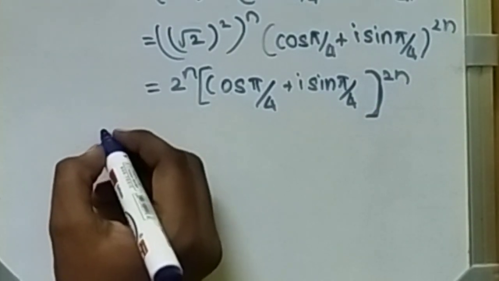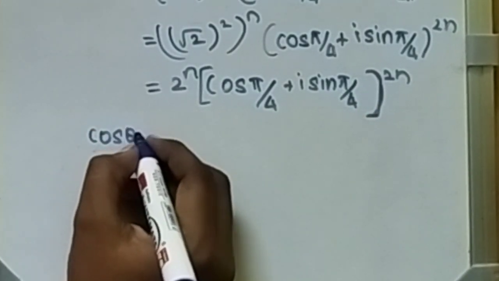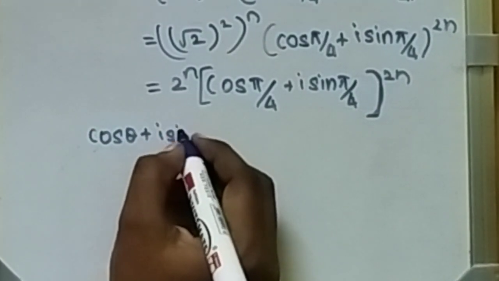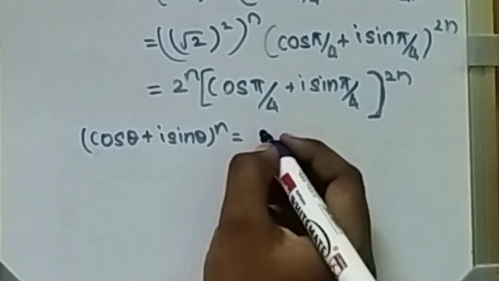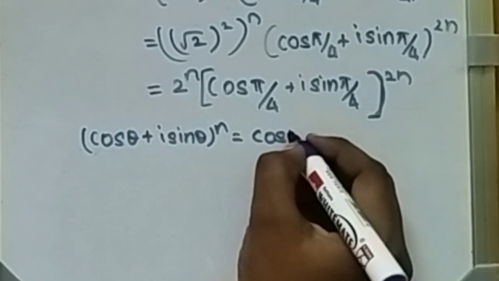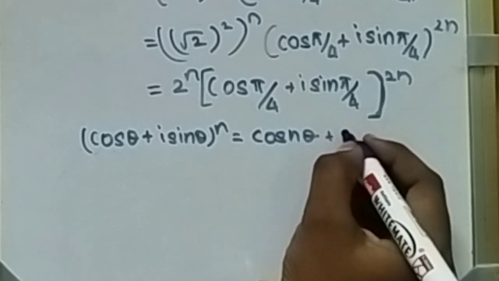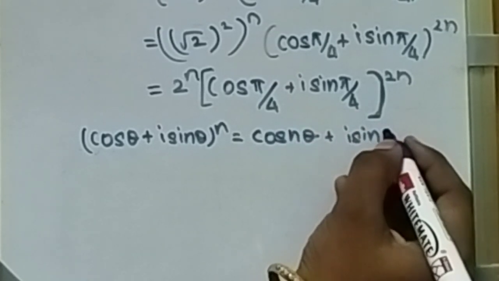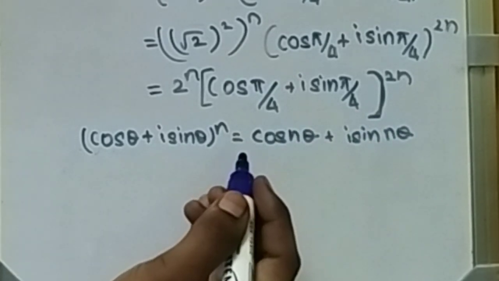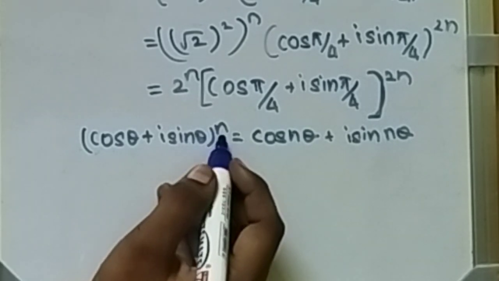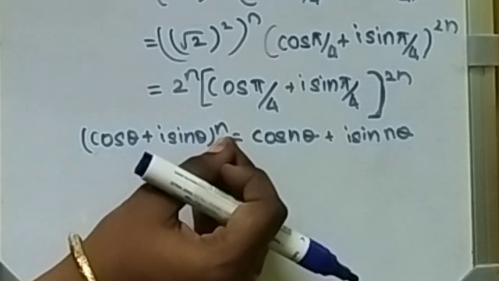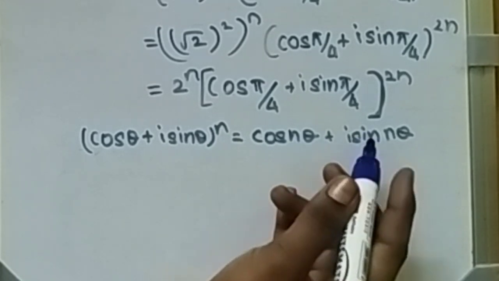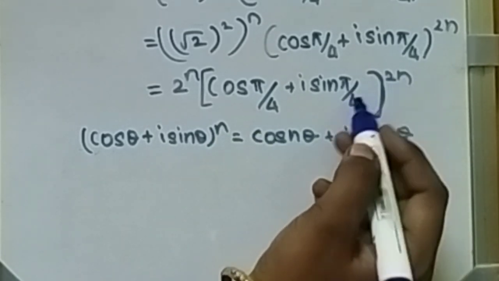So what is De Moivre's theorem? (cos theta + i sin theta) power n equals cos n theta plus i sin n theta. Just what we do here is, whatever the power may be, we multiply the power with the angle, right? So we are going to apply this here.